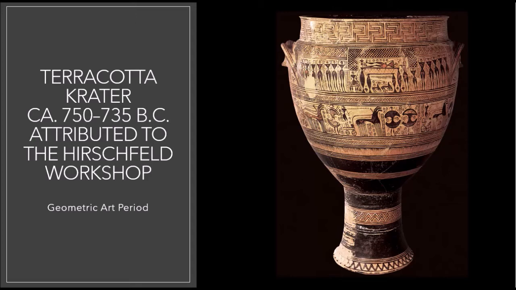The krater illustrated here seems to provide a detailed pictorial record of the funerary rituals associated with a very important person whose death is commemorated by this work. We have two very distinct registers. We want to remind ourselves that that's a good vocabulary word to use, registers. We might have seen this in the Standard of Ur.